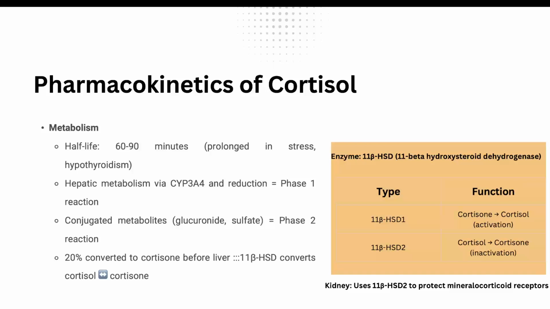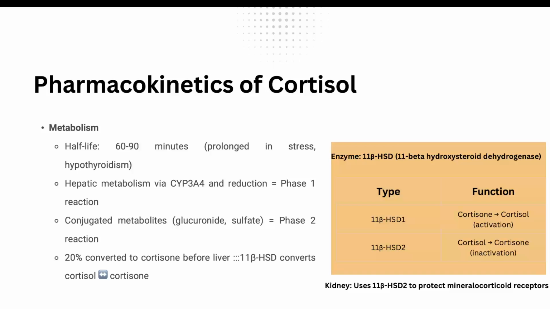Before entering the hepatic system, the cortisol undergoes metabolism by another enzyme. This enzyme is called 11 beta hydroxysteroid dehydrogenase. After that, it is metabolized by phase 1 and phase 2.